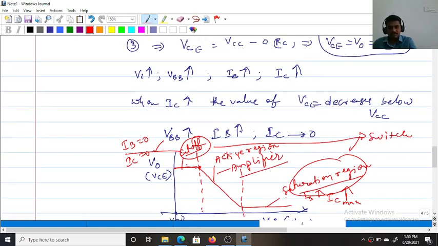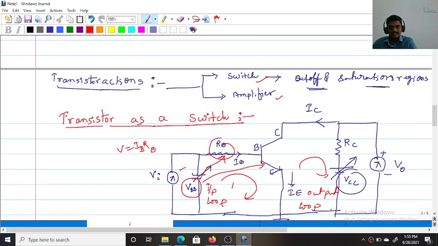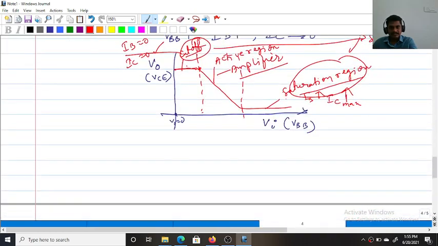So we are talking about the switching devices. The transistor acts like a switch when it operates only in the saturation and cutoff regions. Transistors are designed such that this gap becomes very low. Here, transistors are designed so that the active region is very thin.